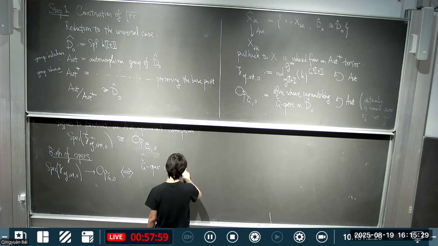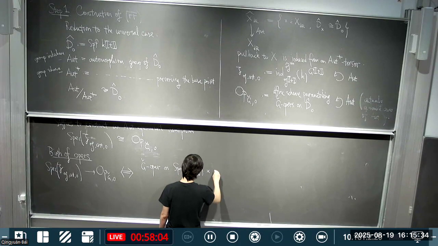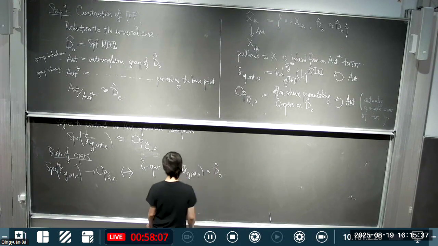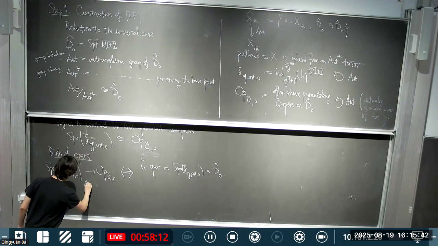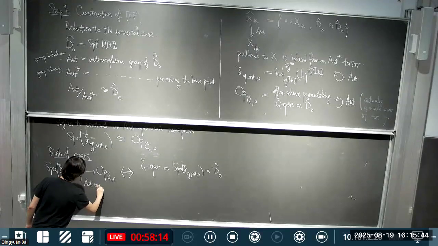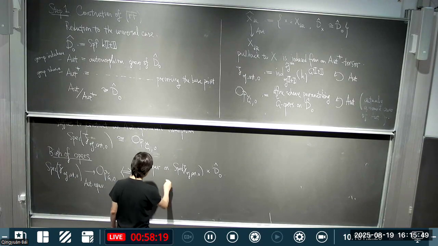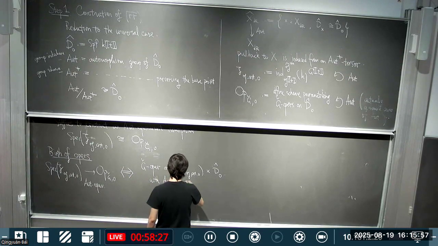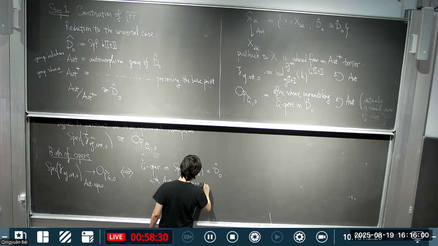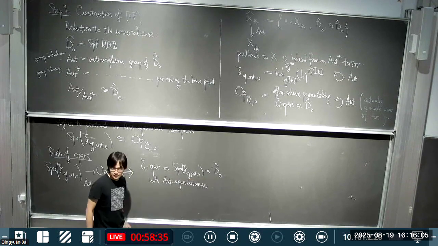So in this case, Spec Z G crit at 0 times the formal disk. But you want this morphism to be Aut equivariant. So this data should also be Aut equivariant. And this Aut equivariance is with respect to the anti-diagonal action on this product.